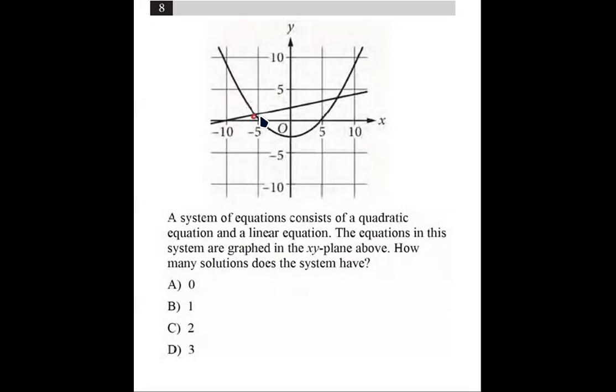Well, you see there's one right here, and there's one right here, which is 2. So the correct answer is C.